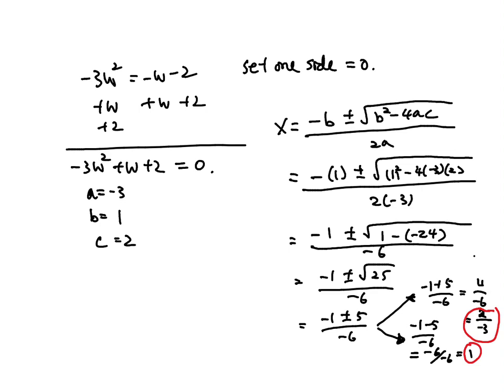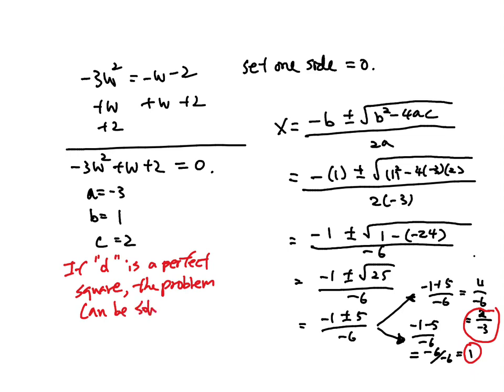Now, is this factorable? Yes, this is definitely factorable because my discriminant is a perfect square. I get 25. If the discriminant is a perfect square, the problem can be solved by factoring.